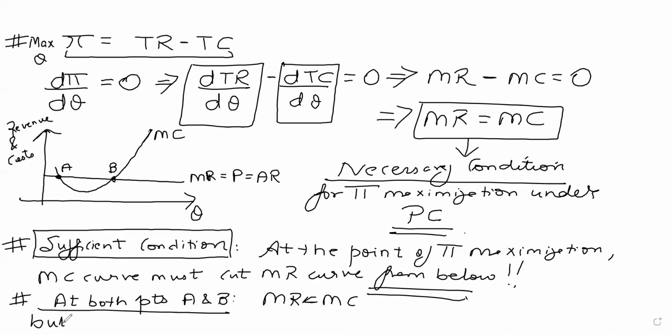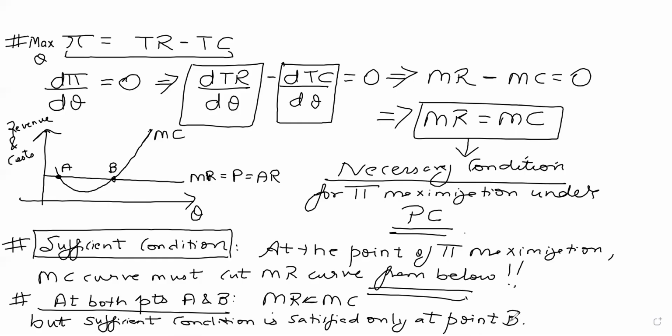But the sufficient condition is satisfied only at point B. You can clearly see at point B, MC is cutting the MR curve from below and then rising, whereas at point A, MC is cutting the MR curve from the top.